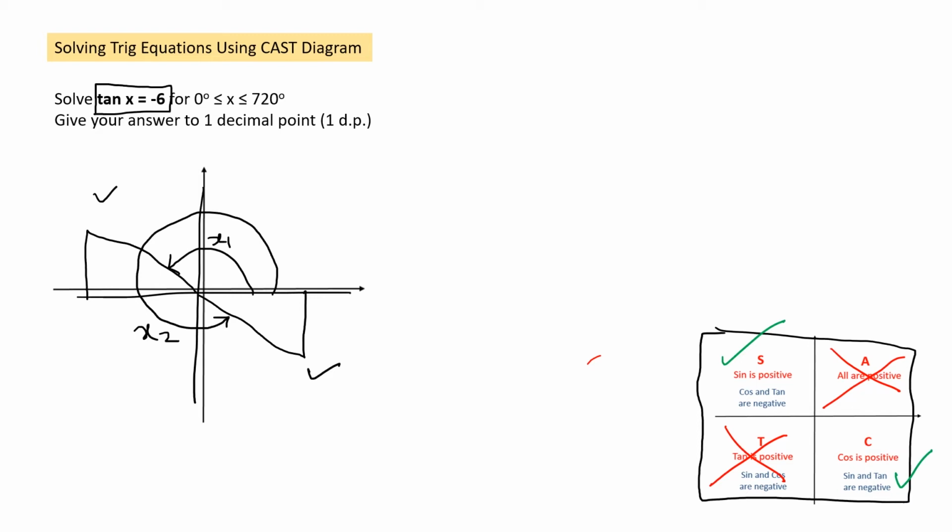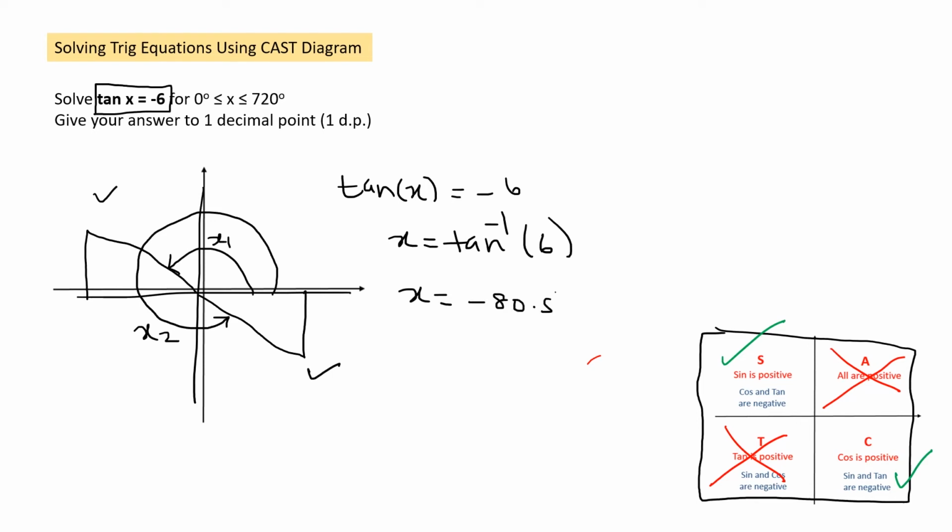So let's try to solve. First things first, we need to use the calculator to find x. So tan x equals minus 6. For the first solution, we need to find x using the tan inverse function on our calculator. If you use your calculator, you will get x equals minus 80.5 degrees.